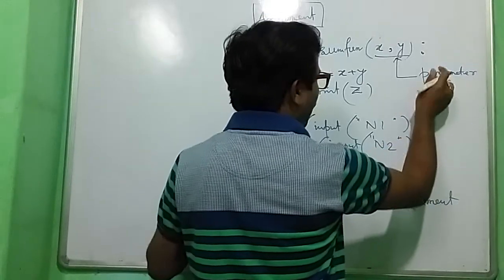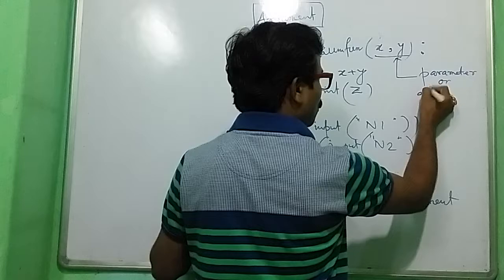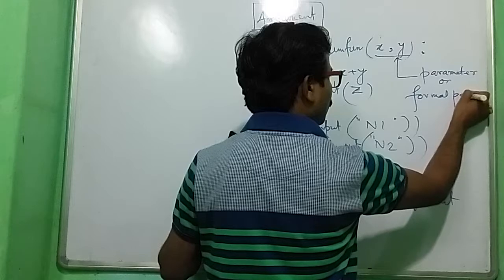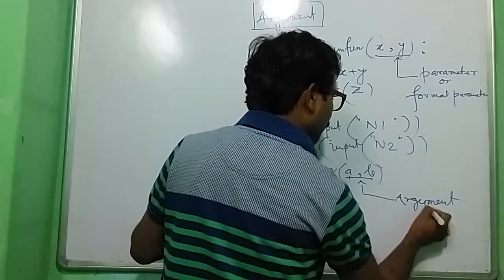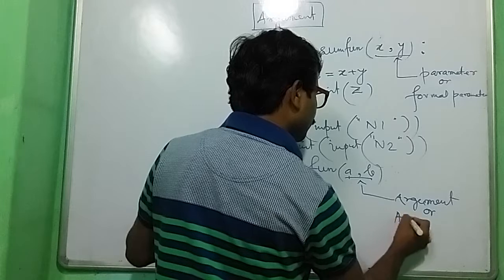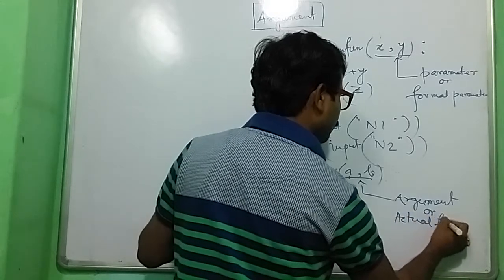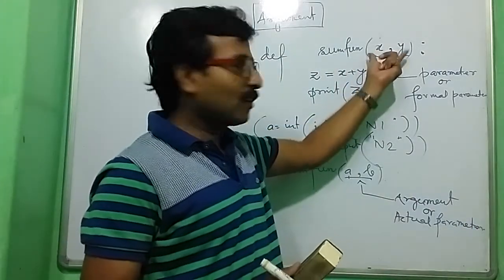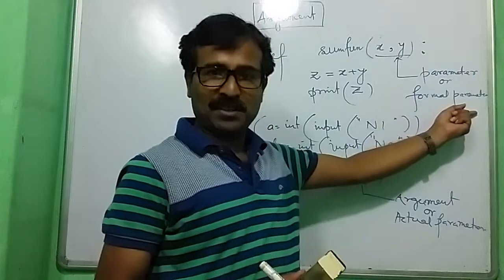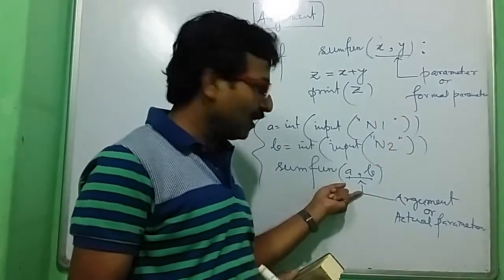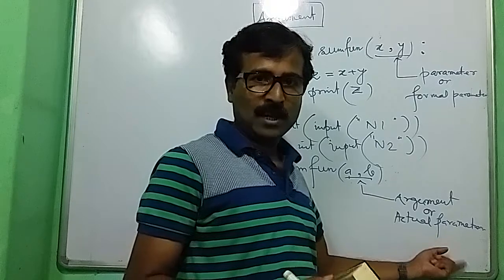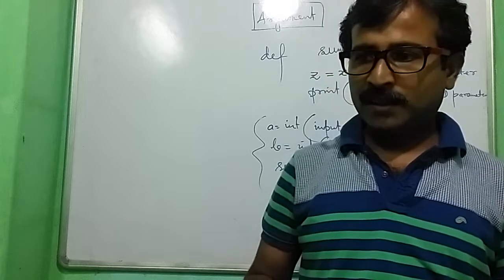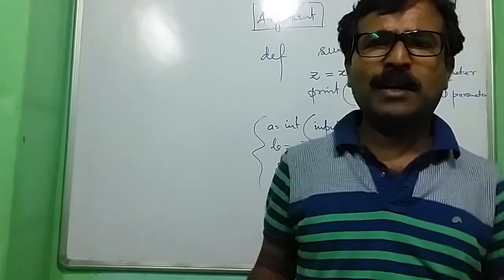Over here they have one more name also, that is also called formal parameter, and this one is also called actual parameter. So over here these two are called parameter or formal parameter, and this one is called argument or actual parameter. In examinations, sometimes you get this kind of question also, that distinguish between actual and formal parameter.